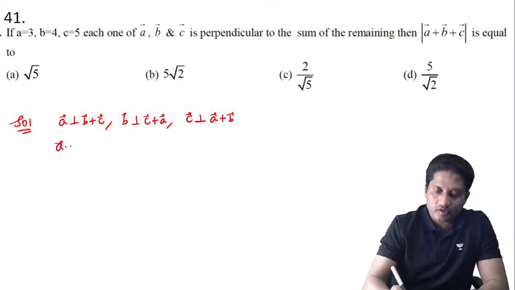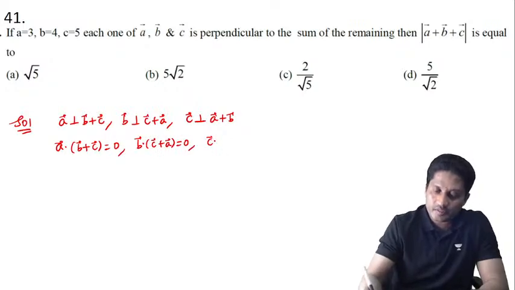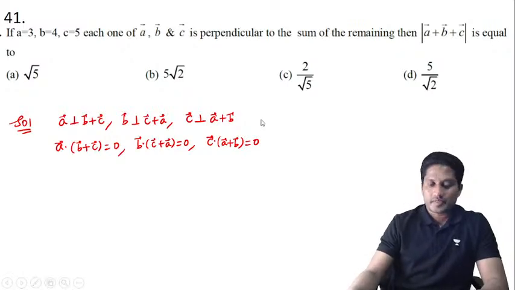So this means that A dot with B plus C is 0, right? B dot with C plus A is 0. Okay, and then C dot with A plus B is 0.